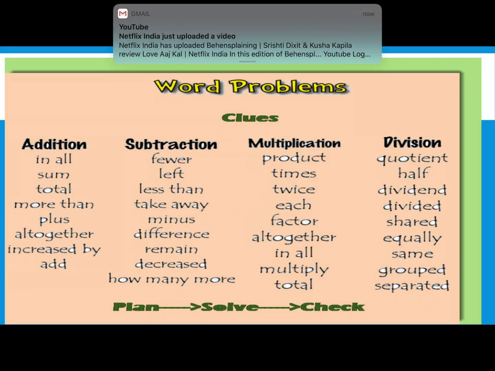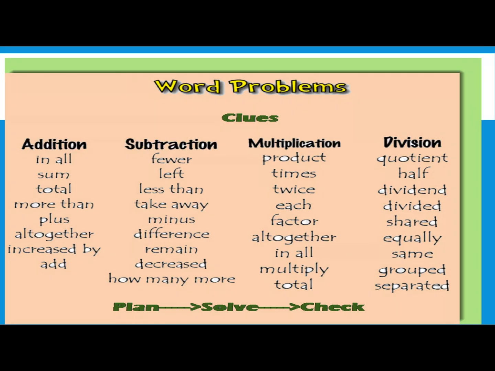Now some clue words I must give you. Addition, when there are problem sums: in all, sum, total, more than, plus, altogether, increased by, add. So these are the clue words for addition. Subtraction, the clue words here: fewer, left, less than, take away, minus, difference, remain, decreased, how many more.